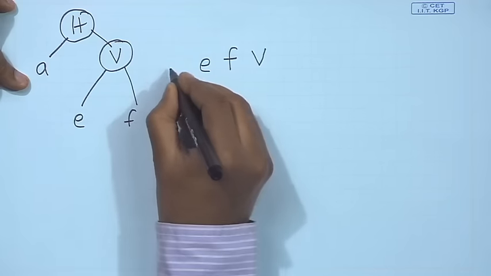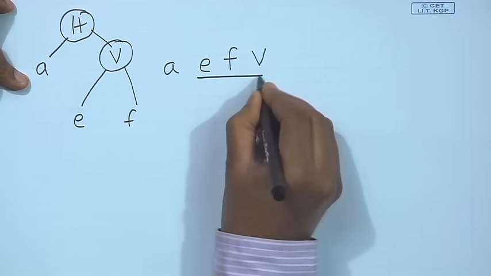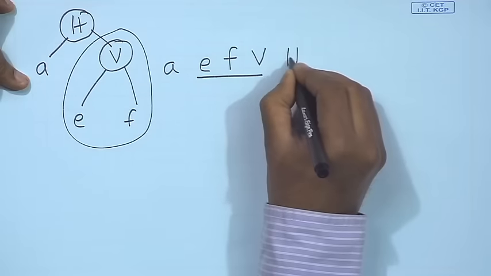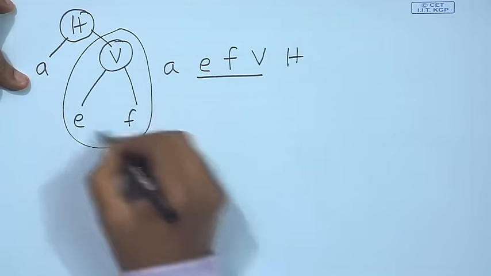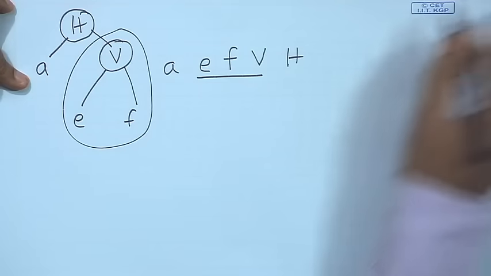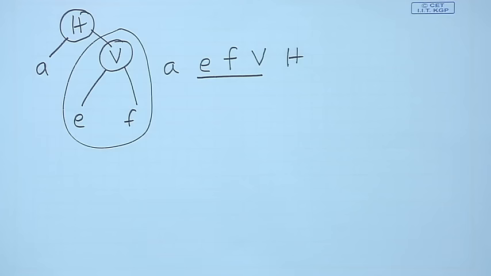Then I will write A, and this whole thing represents this whole thing, H after this, A whole thing H. So, this is the basic idea behind writing a Polish expression.